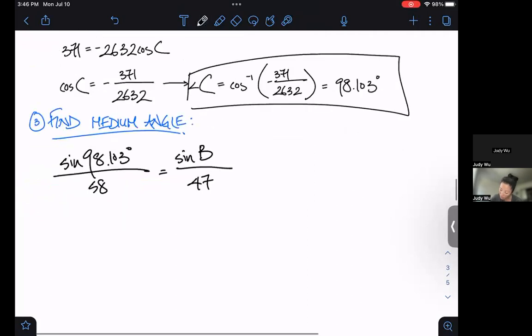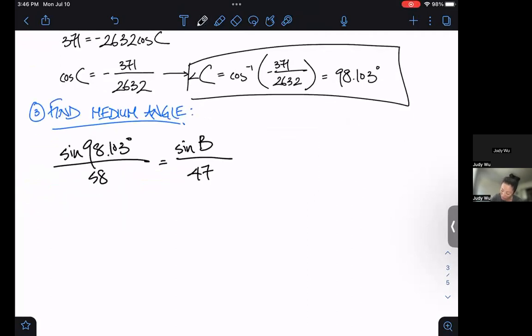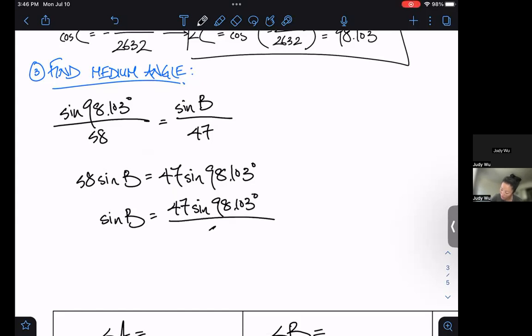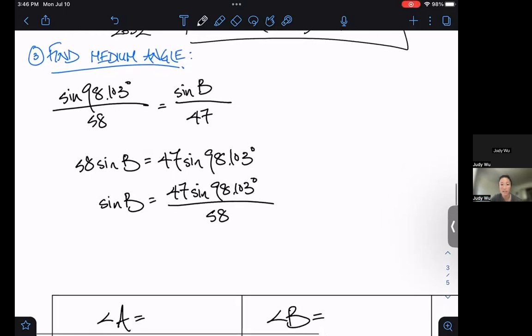Now we're going to cross multiply. We get 58 sine B equals 47 sine of 98.103. Then sine B equals 47 times sine 98.103 divided by 58. Now we take the inverse sine.